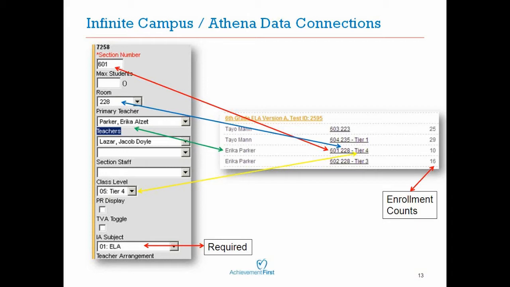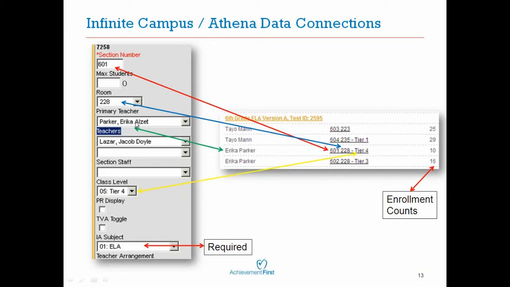So tier 1 is now normal ability level, no intervention required. Tier 4 would be the most intervention required for those students. And generally, there's only one tier 4 per subject per grade. So again, that is optional if your school leadership team wants to tier your classes for further analysis. That's where you would enter that.